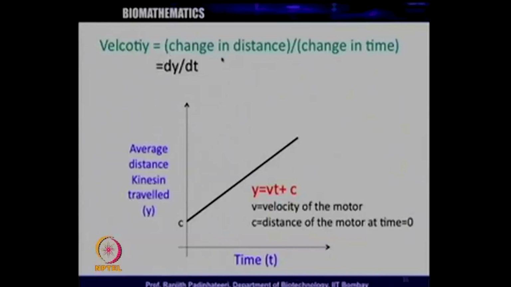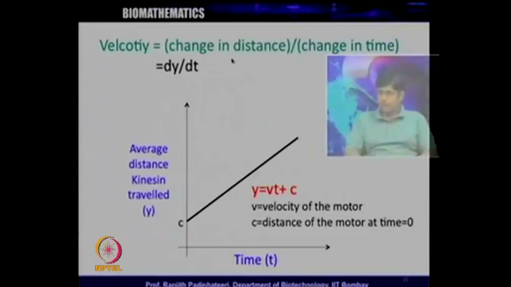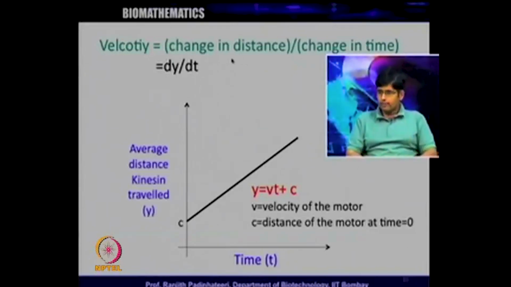You learned in school that the velocity is dy by dt, or the change in distance by change in time gives you the speed or the velocity. Using this we can calculate the velocity of molecular motors or of you walking.